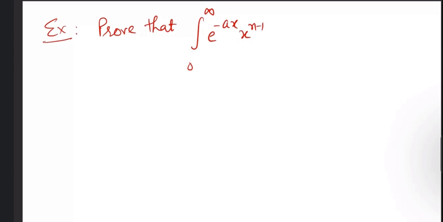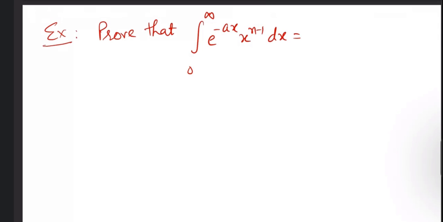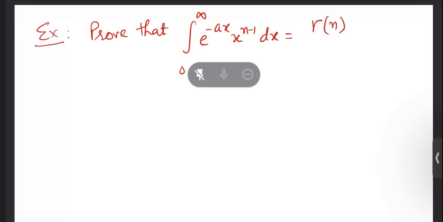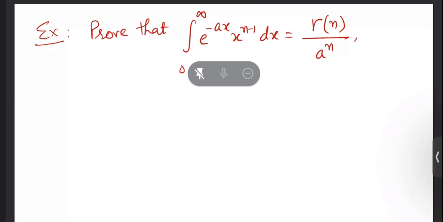Let us prove that integration 0 to infinity e raised to the power minus ax x raised to the power n minus 1 dx will become gamma of n divided by a raised to the power n, where a and n are positive.